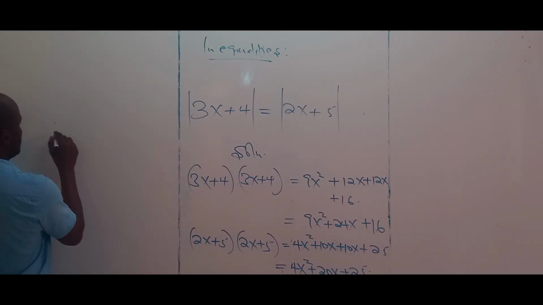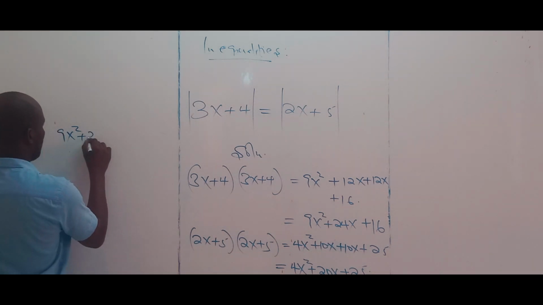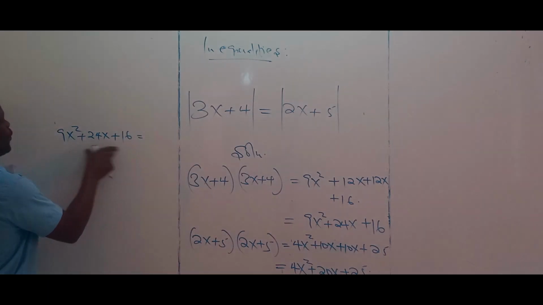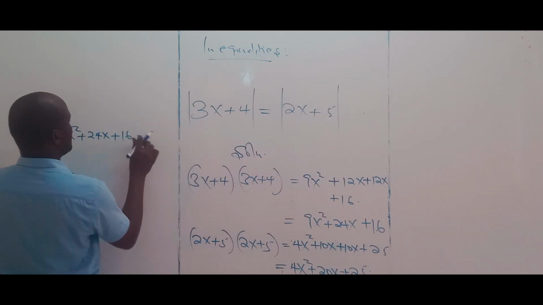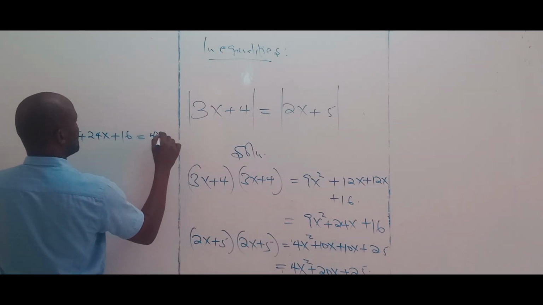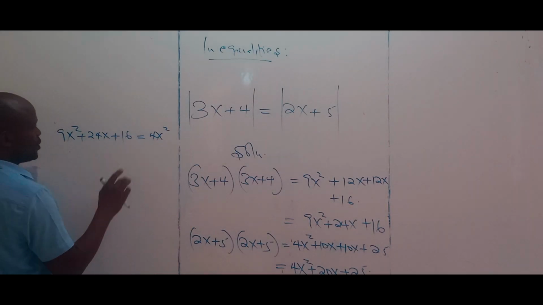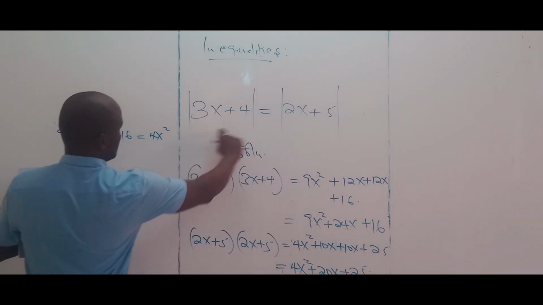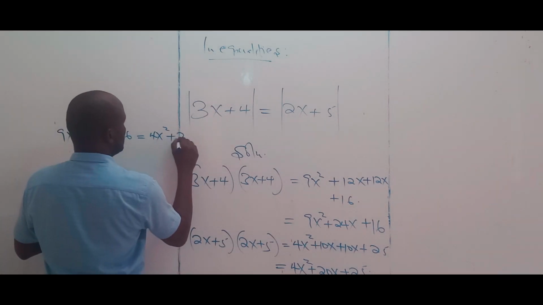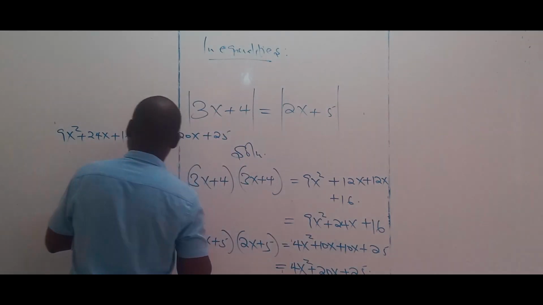So we see clearly that if you have 9x squared plus 24x plus 16, where all this is this, then we say is equal to this, which is now 4x squared plus 20x plus 25.